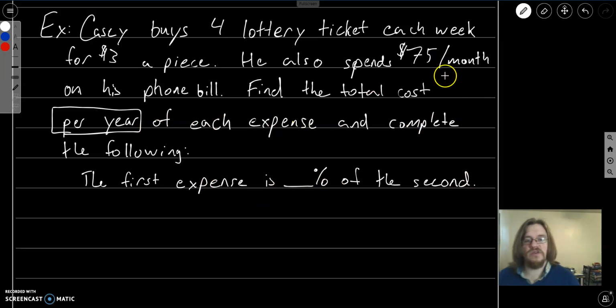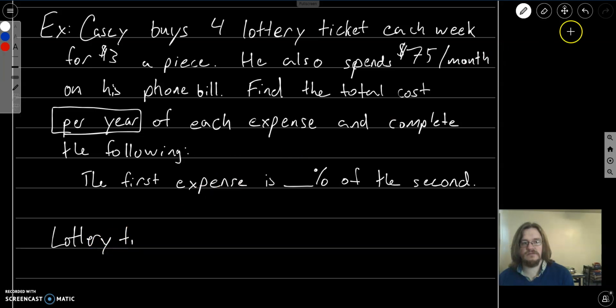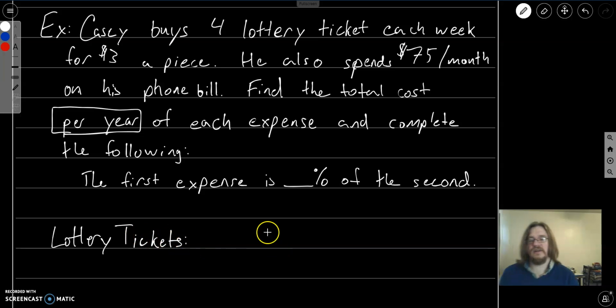Okay. So there's 2 questions here. Let's find the total cost per year, and we need to complete that sentence. Well, finding the total cost per year, that shouldn't be a problem. Casey buys 4 lottery tickets each week for $3 a piece. So for the lottery tickets, let's find out how much Casey spends every year.